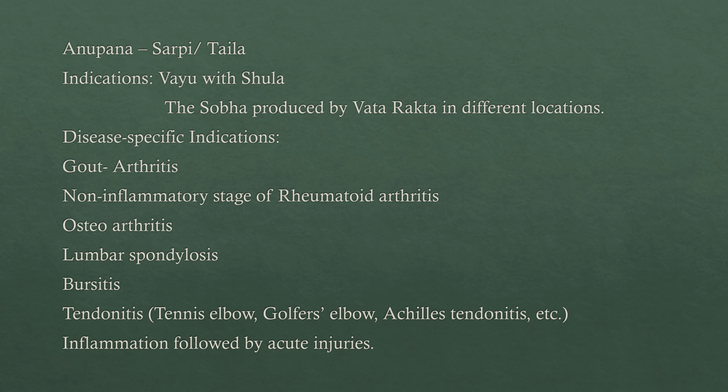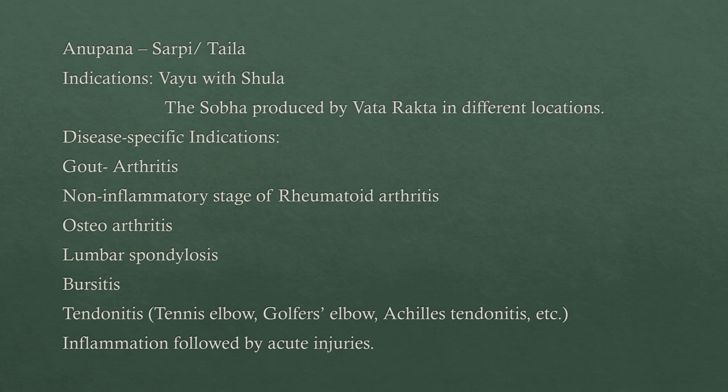And the other indications mentioned in the sloka are Vayu with Shula or the Shopha, which is produced due to Vatarakta in different locations. So it can be used in the conditions where Vata is vitiated in Rakta and associated with doshas.